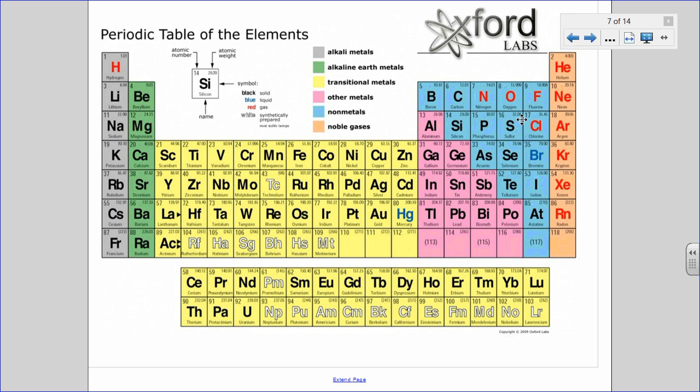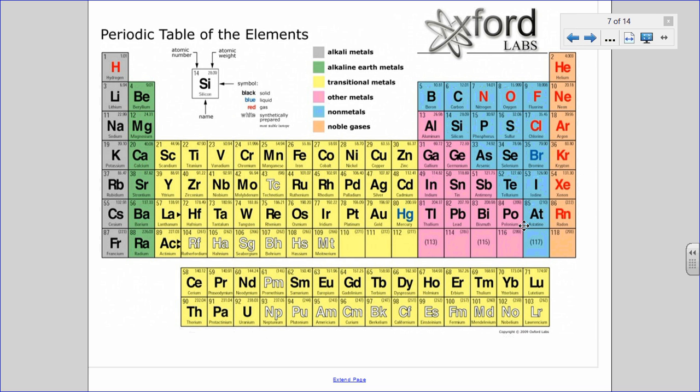Now, there is a small group of elements in the middle, which is what we call our metalloids. And it starts right here. There is a stair-step line that these elements make going all the way down. And any elements that touch this particular line are what we would call our metalloids.